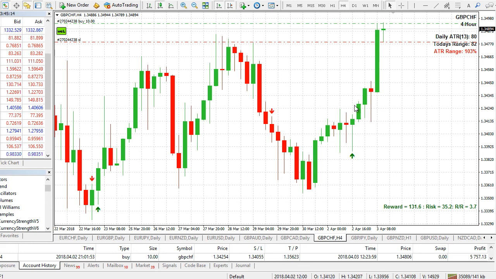And right now I have the chart completely clean. I just want to show you what I was seeing and what you can see on the charts without having any of the indicators on them whatsoever.